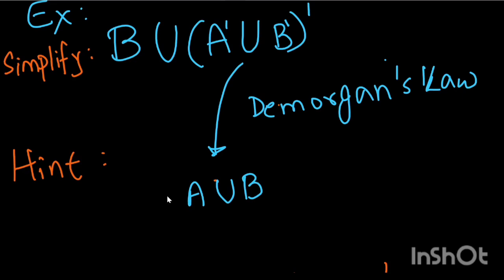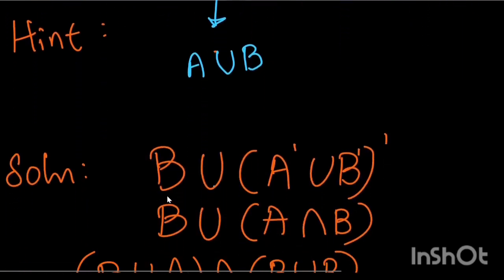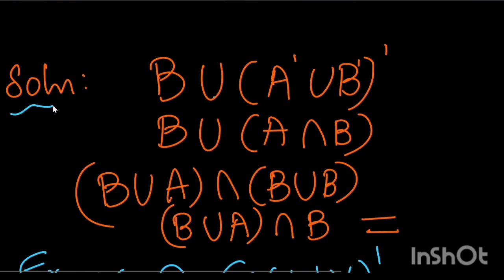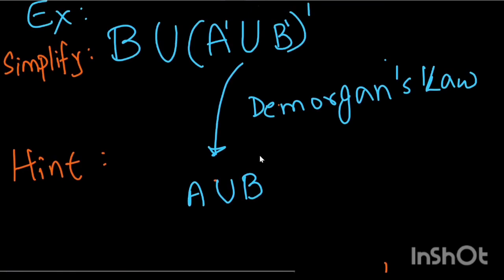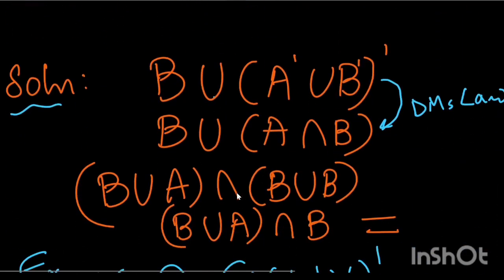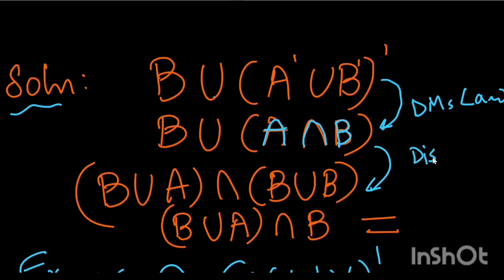So the same way in the solution: (A' union B')', by De Morgan's law, A intersection B. Guys, sorry, this should be intersection, not union, by De Morgan's law. So here also it is intersection only: A intersection B. Now from here to here, we will distribute union over A intersection B, so we will use the distributive law.